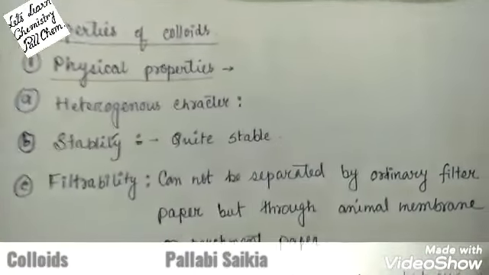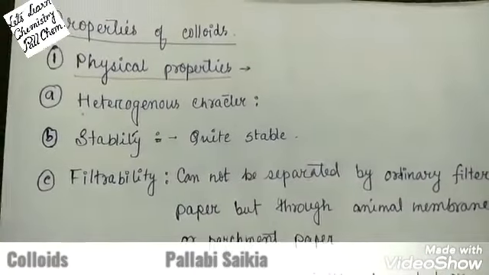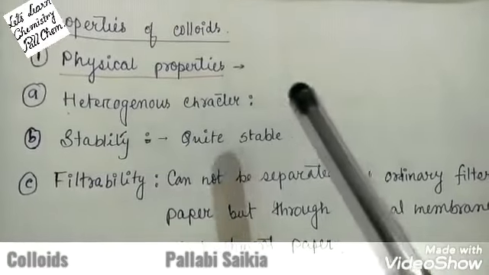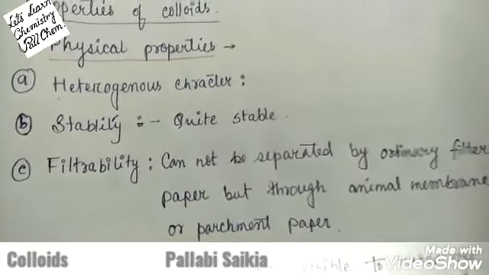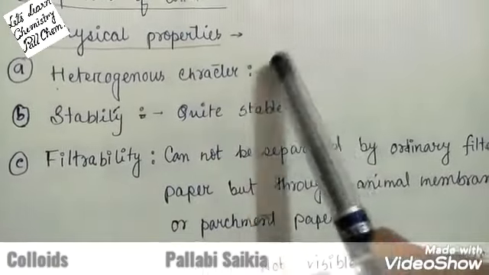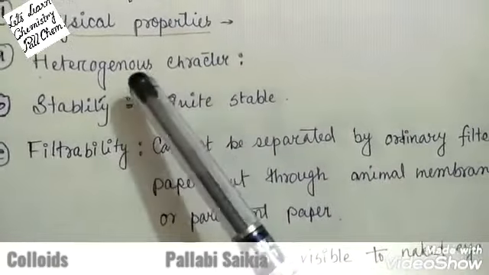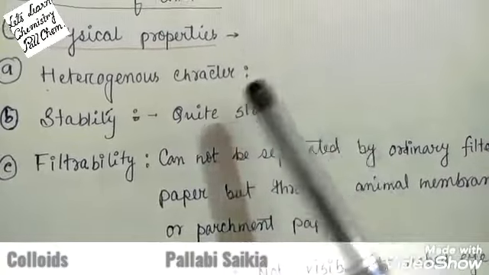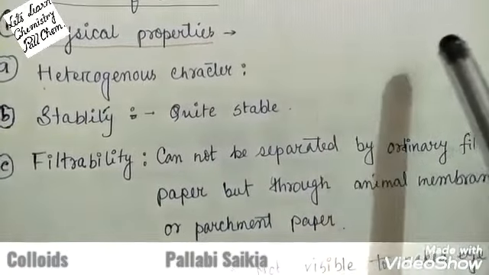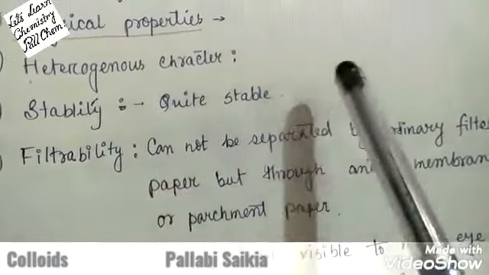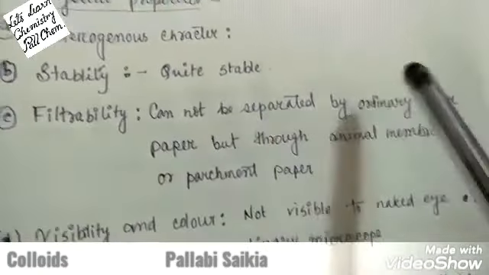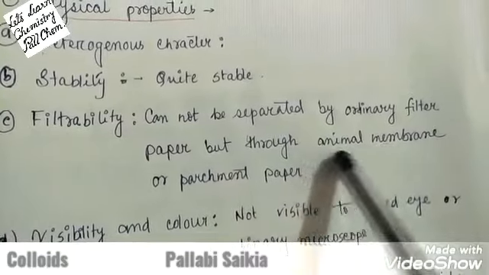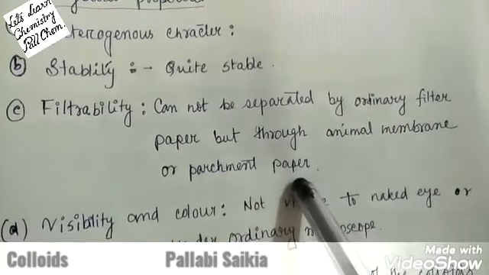Next is the properties of colloids. This includes physical properties, mechanical properties, and electrical properties. Physical properties means, first, colloidal particles are heterogeneous in nature. They are quite stable. Next, they cannot be separated by ordinary filter paper but through an animal membrane or parchment paper.